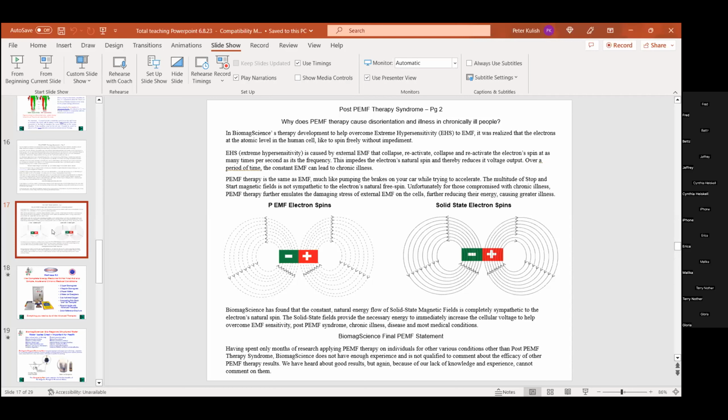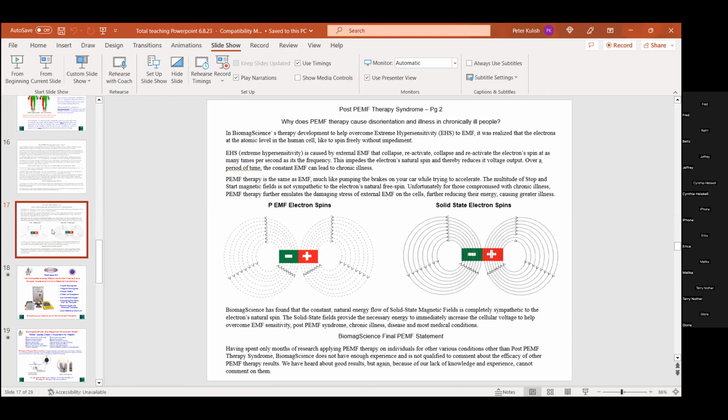And we had been helping them slowly with what we call baby steps, rebuild their electric system to get back to normal. And all of a sudden, we've got these people who were not in good shape, and they get some PEMF therapy, and bang, they're even worse shape than before.